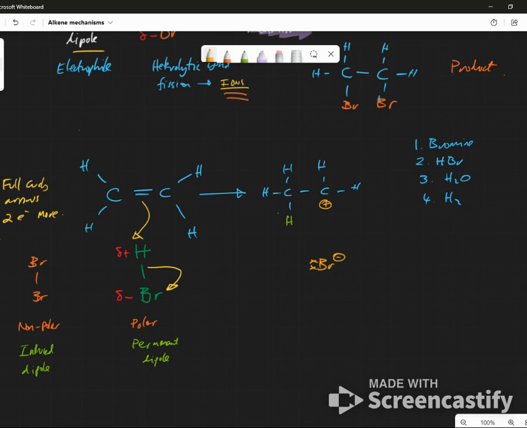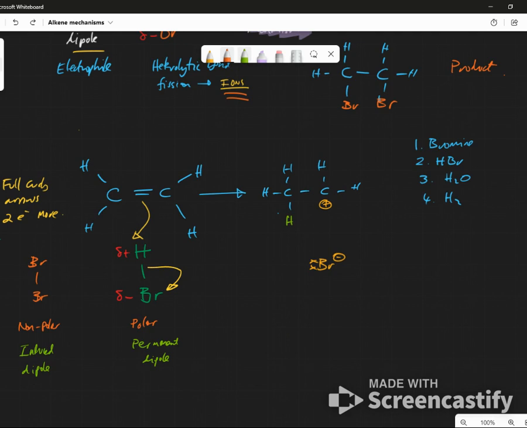By the way, this is a technical thing, but you see I'm drawing these 2 electrons here and the positive charge, the negative charge here. You must do this. Okay, it shows it has a spare pair of electrons that are willing to bond. So you've got to put these electrons there and you've got to put the charge there. All right, you've got to do it when you do mechanisms. All right, it's just one of those things.